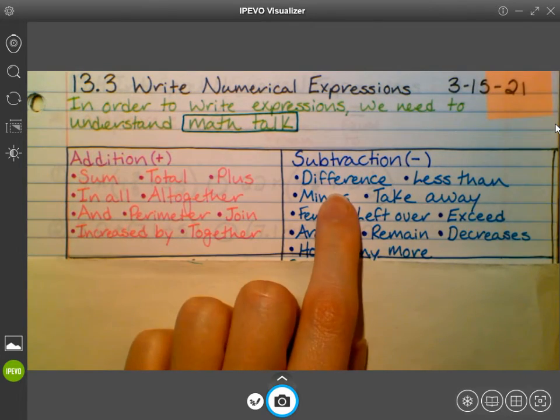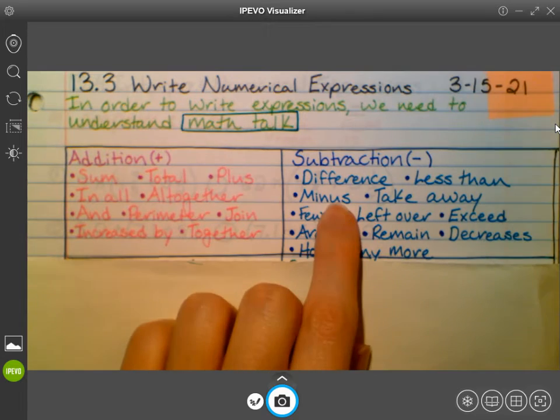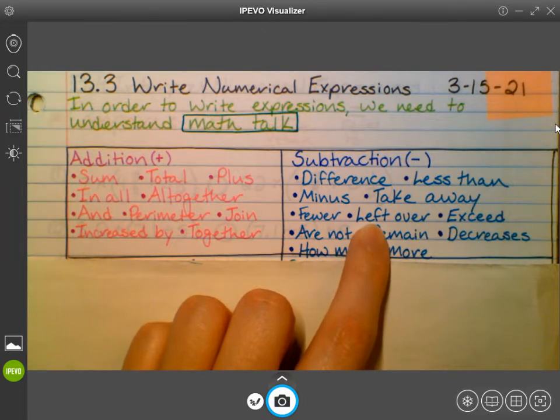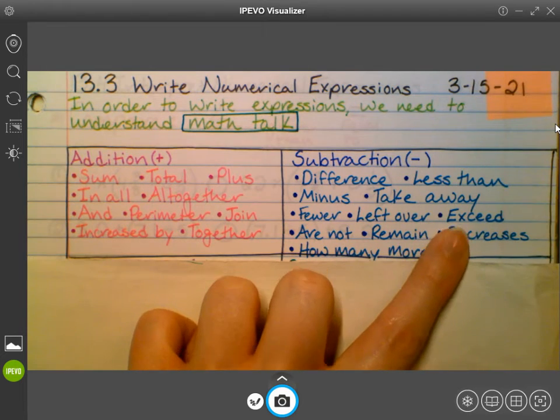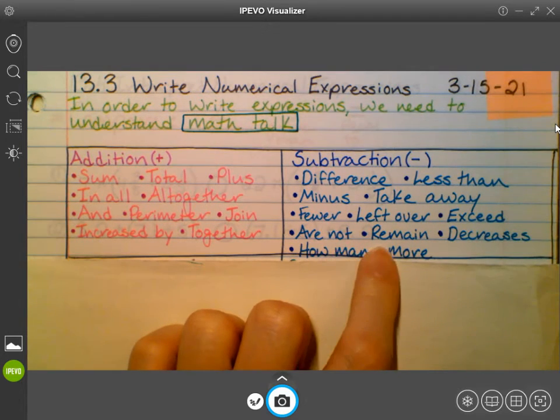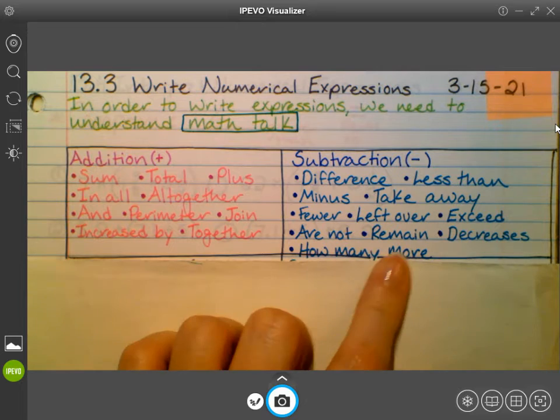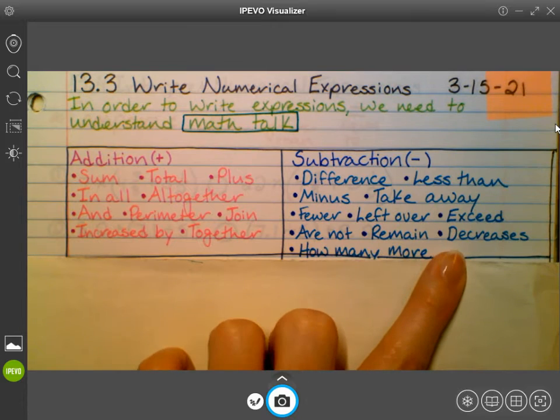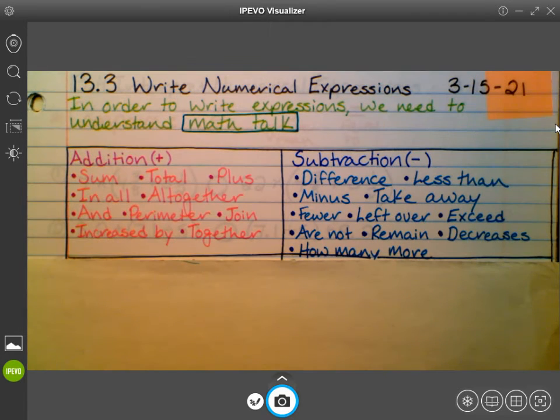So: difference, less than, minus, take away, fewer, left over, exceed, are not, remain, decreases, or how many more. If we saw any of these words or phrases, that would tell us, okay, we are subtracting.